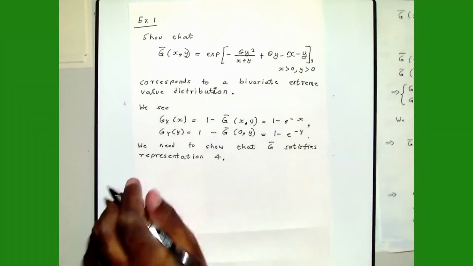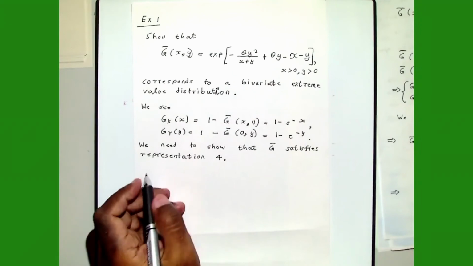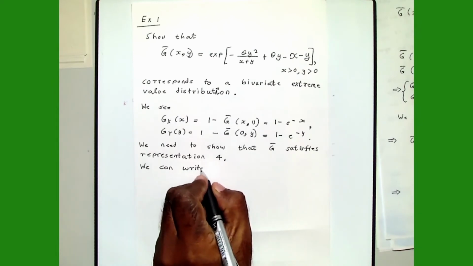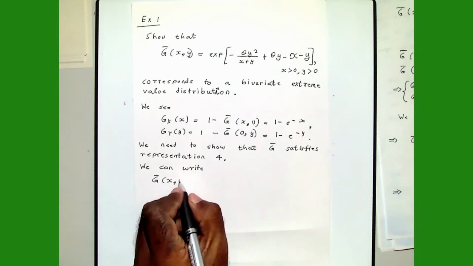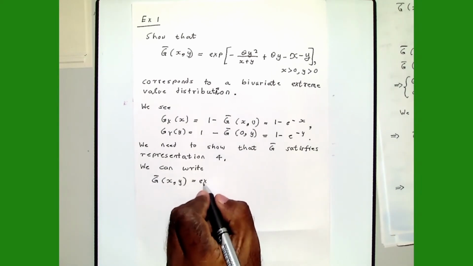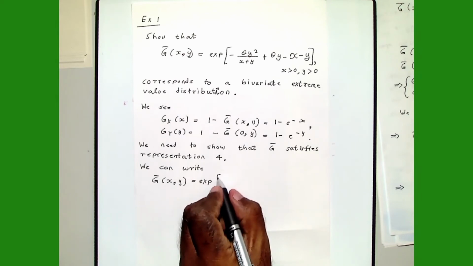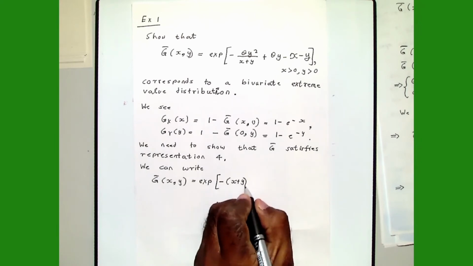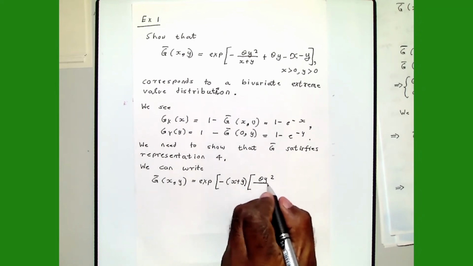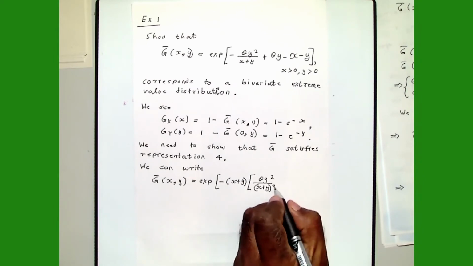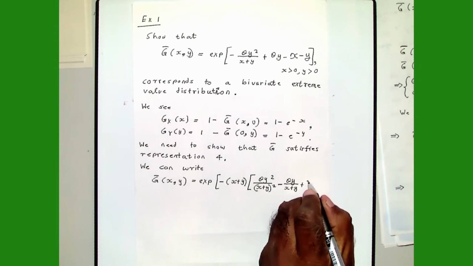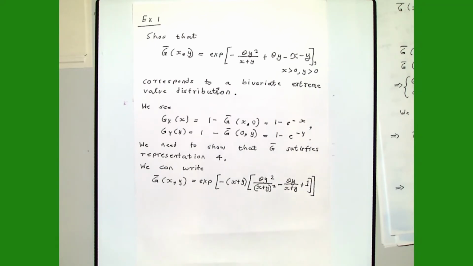So I'm going to write the given form for G bar in the form of representation 4, as follows. You see what I've done?